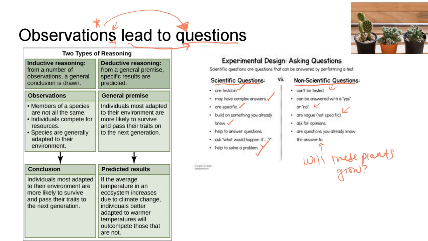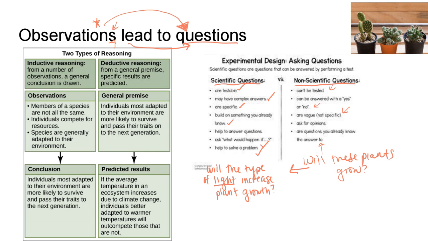So if we are going to revise this, will these plants grow? Well, maybe we are going to test, will the type of light increase plant growth? That is a more testable scientific question. You can change this out with light.